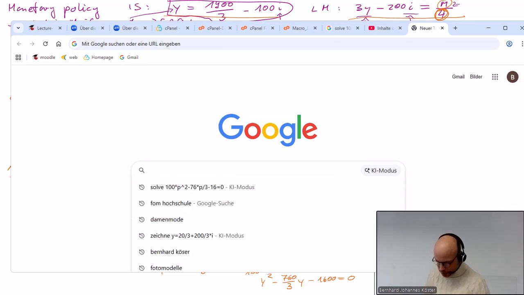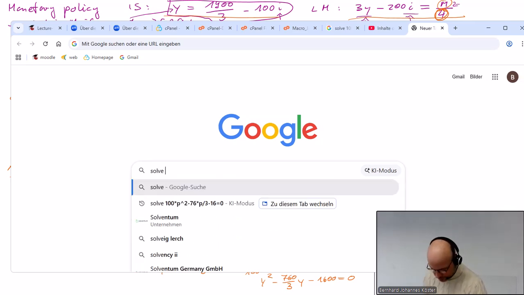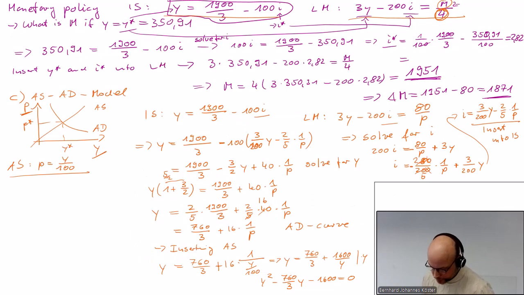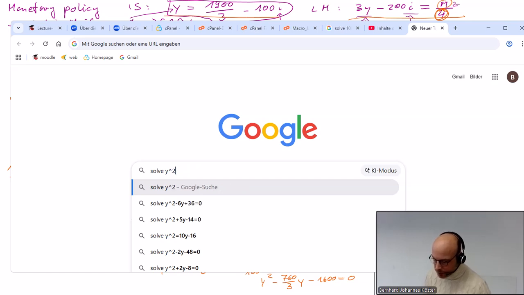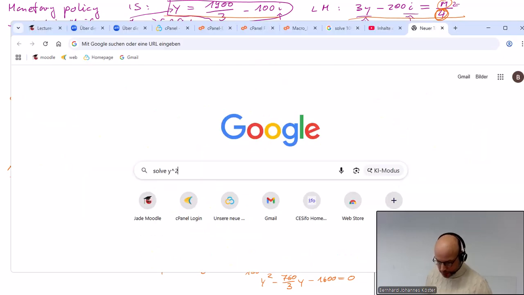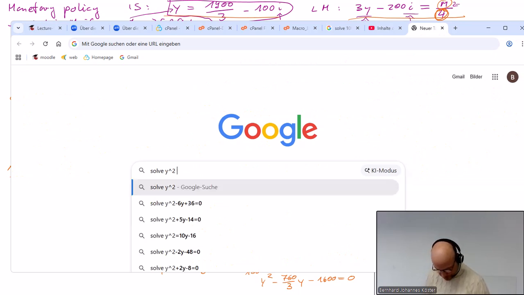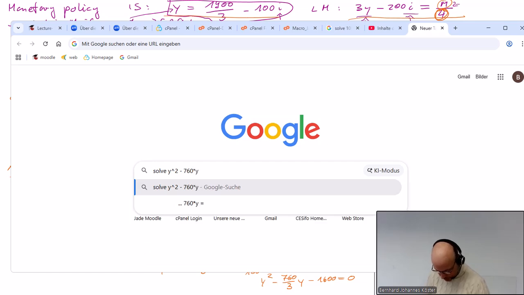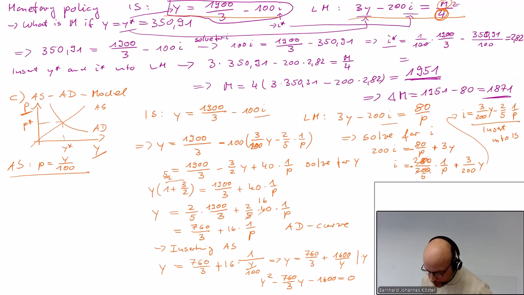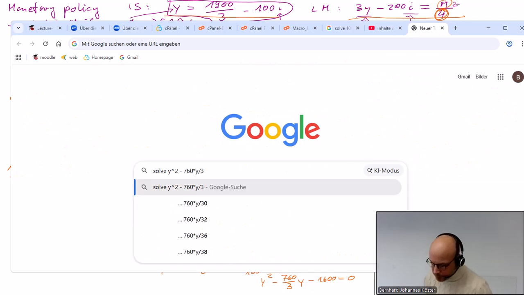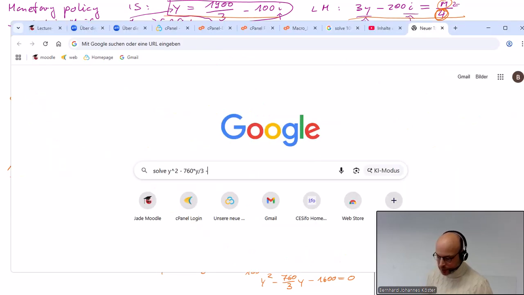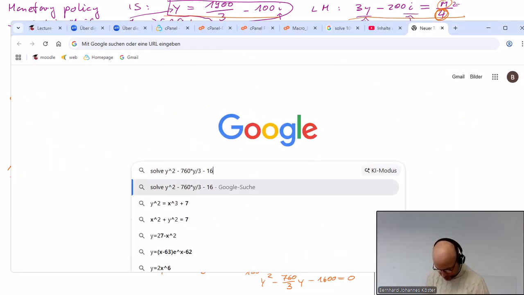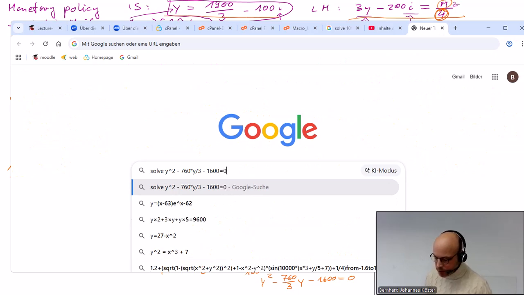So I would say just solve Y squared minus 760 times Y over 3 minus 1600 equals 0.